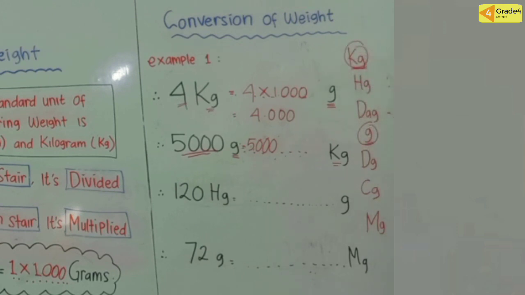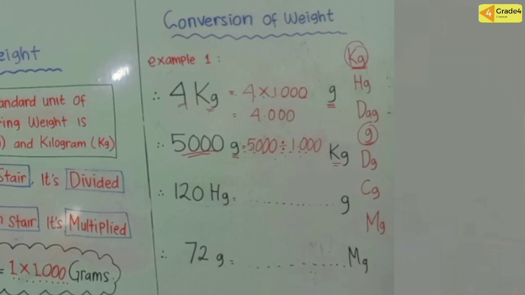That is upstairs, so we use the divided sign. How many steps? Grams to kilograms is 3 steps. So we write divided by 1000. In the last lesson, we learned about multiplying and dividing by 10.